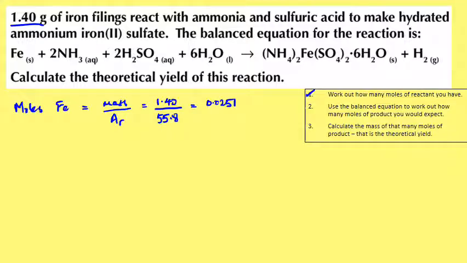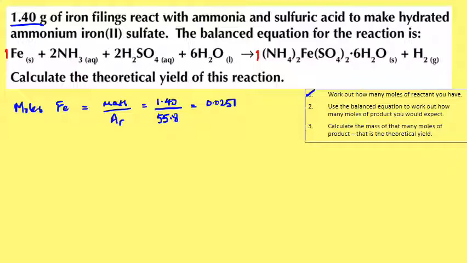Step number one done. Now we're going to refer back to this balanced equation, and in particular the molar ratios that are involved. You're going to see that for every 1 mole of iron, we get 1 mole of hydrated ammonium iron sulfate.